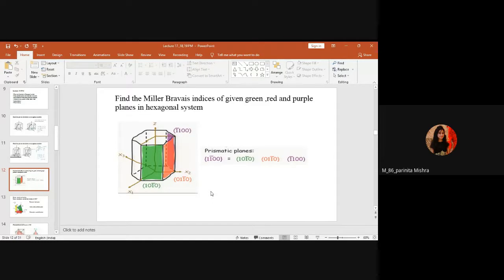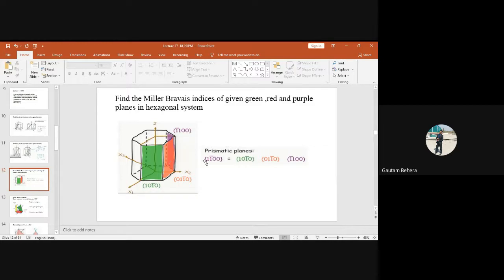Yes, sir. You can see these kinds of planes in a hexagonal system, whether hexagonal close packed or simple hexagonal. These planes are called prismatic planes. If you remember, a family of planes means those planes which are crystallographically equivalent, and they come under a particular family.